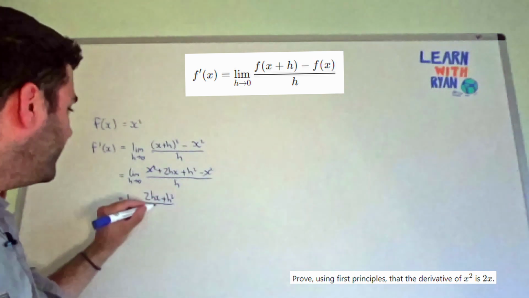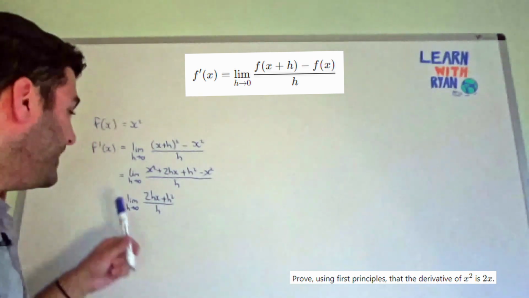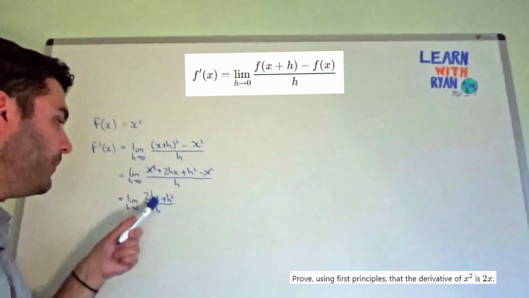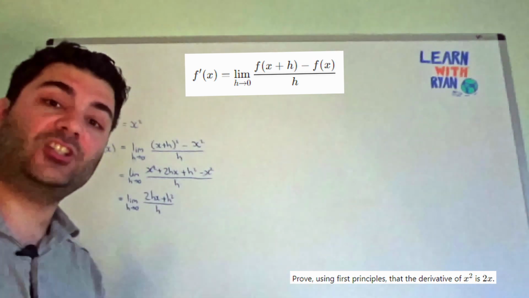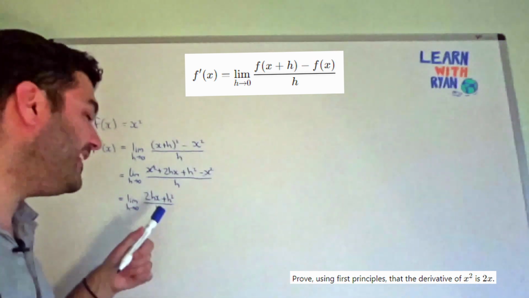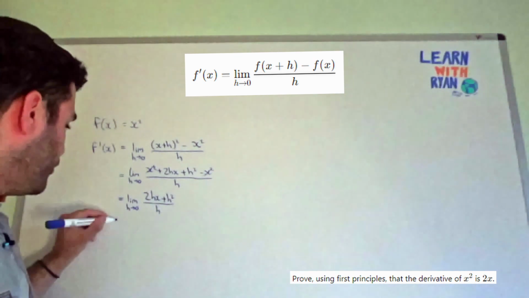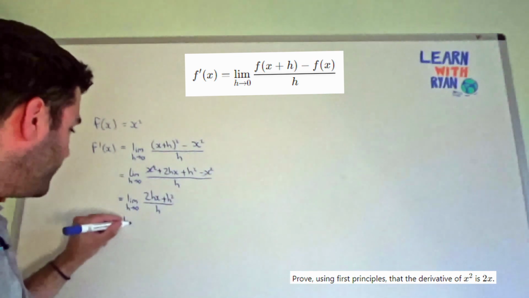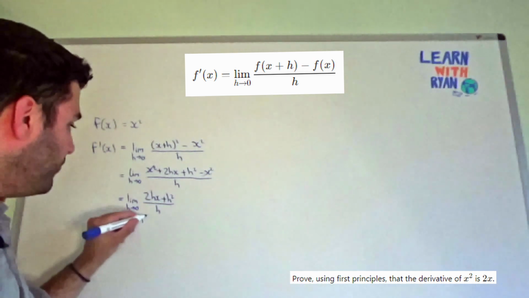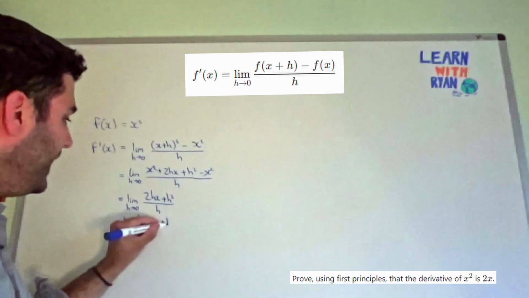And that's over h. Now what you should notice is that in the numerator we've got a common factor of h. So I can factor out an h, because when I factor out the h, it can then cancel with the h on the bottom here. So let's do that. If I factor out an h on the top, I get h bracket 2x plus h.